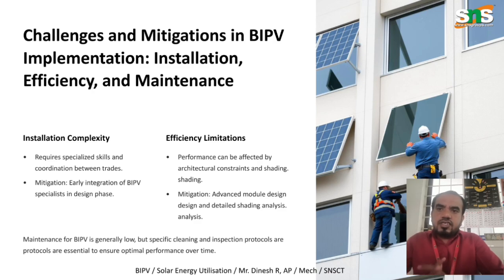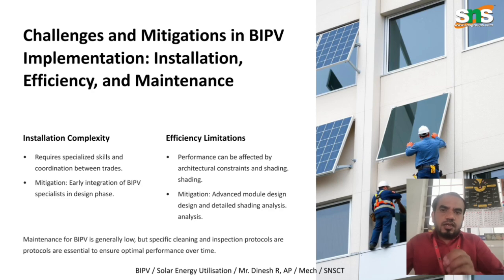And then efficiency limitations. Performance can be affected by architectural construction and shading. While we construct, we have to expose the PV cells directly to sunlight. If the building construction is not in that way, it will reduce the overall energy generation.